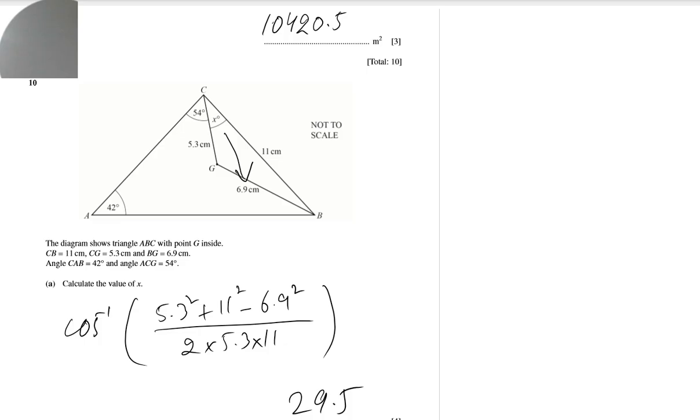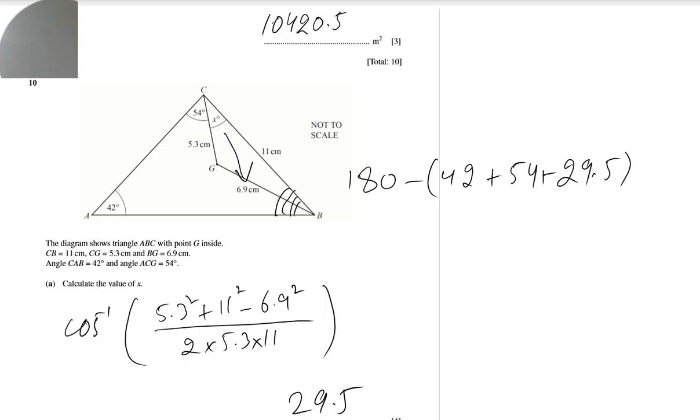For finding this entire angle, I need to subtract the sum of 42 plus 54 plus x, that is 29.5, and I'll get this entire angle. So 180 minus 42 plus 54.